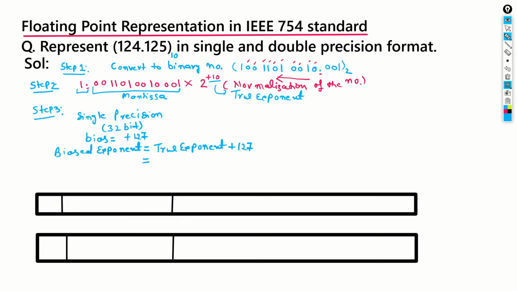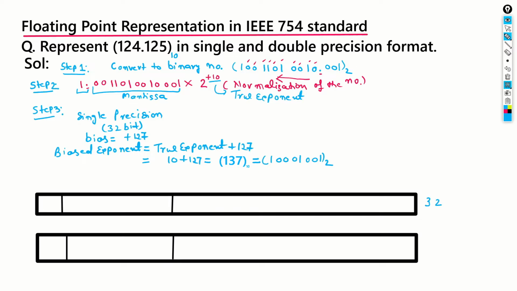So this will become 10 plus 127 in decimal number system. So I will convert it into the binary value, and the binary value is 10001001. Right. So how to represent the number into the 32-bit format?